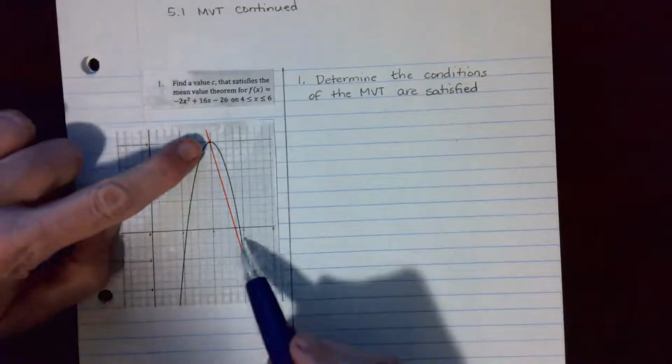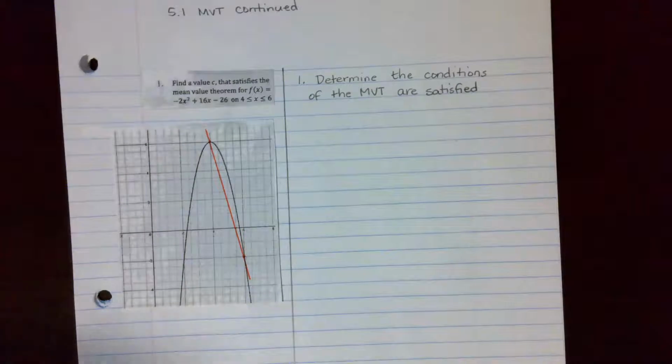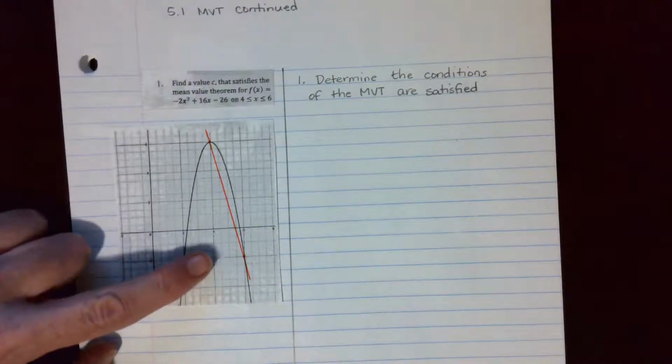And, well, we have a polynomial here, so we can see it from the graph. Normally you wouldn't have the graph, so I just printed out the graph just so that you guys could see what we're actually doing.